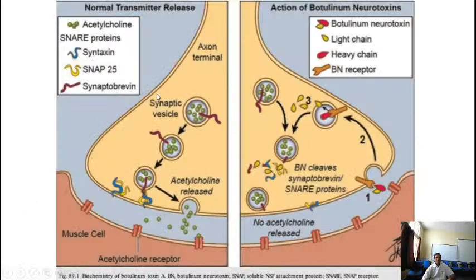And botulinum, as you know, basically acts at the synaptic junction. This is the nerve ending, and that's the muscle. So the acetylcholine is released, and the muscle starts contracting. When acetylcholine is being released, it is contracting the muscle and allowing it to go into spasm.